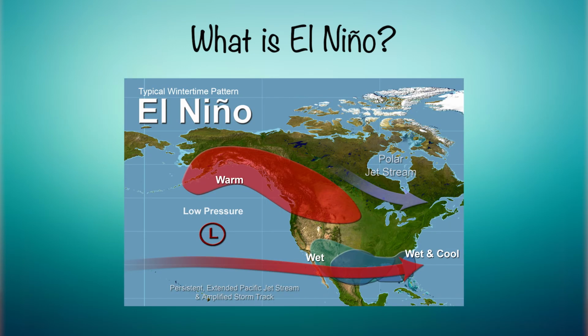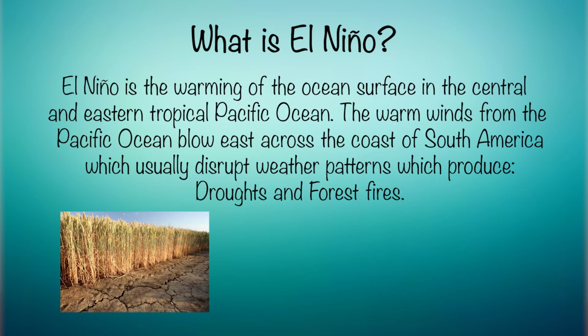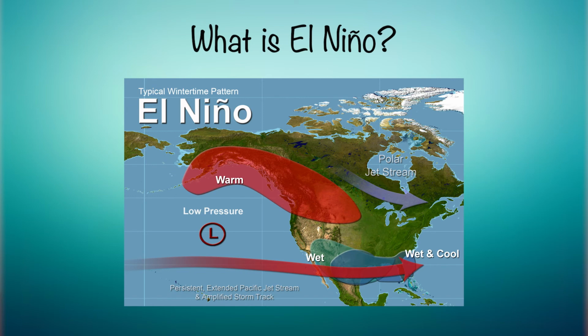The warm winds from the Pacific Ocean blow east across the coast of South America, which usually disrupt weather patterns and produce 1. Droughts, 2. Forest fires. So El Niño simply means that the surface of the ocean, specifically the Pacific, becomes warm.